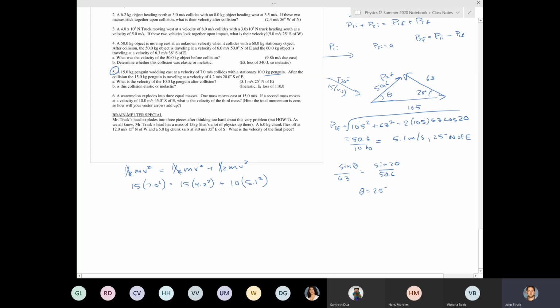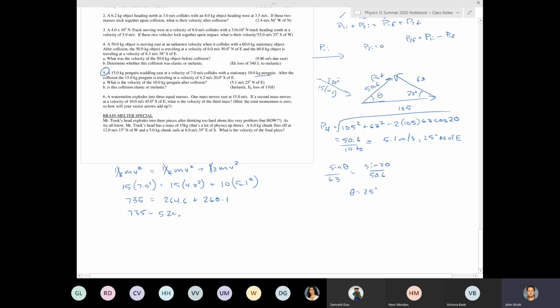So the EK before the collision is 735, and after is 15 times 4.2 squared, which is 264.6, plus 5.1 squared times 10, which is 260.1. So on one side we have 735, and on the other side we have 524.7 or 525. And so 735 minus 525 is 210.